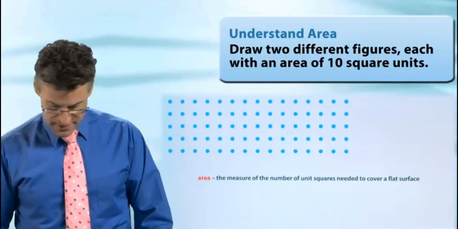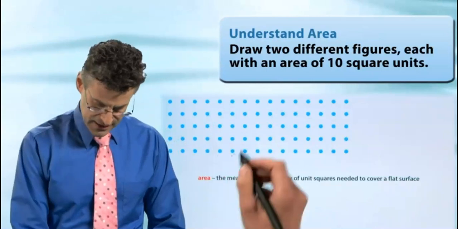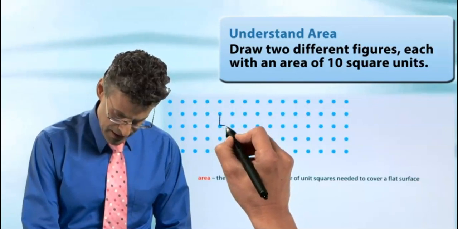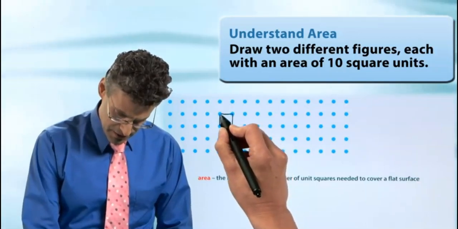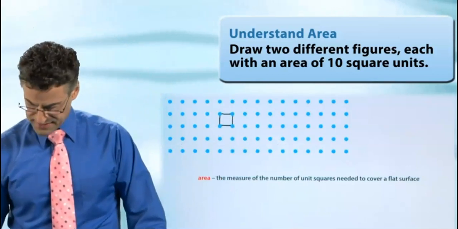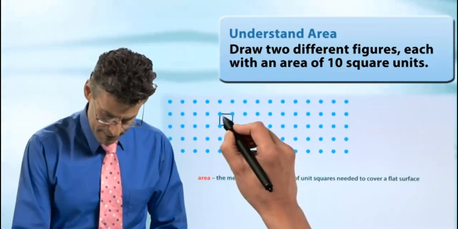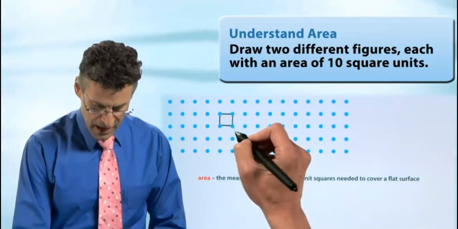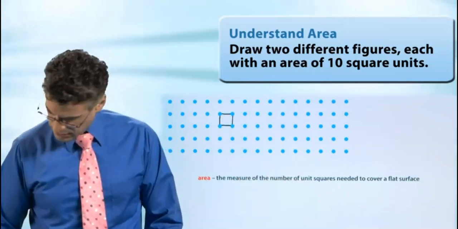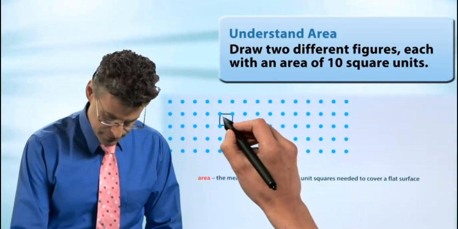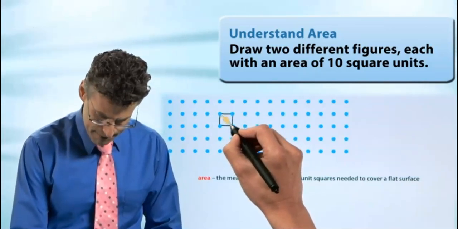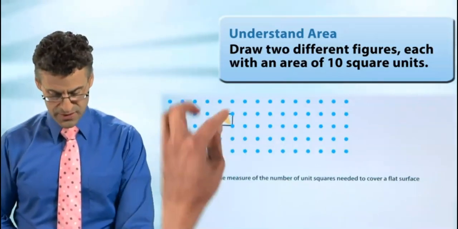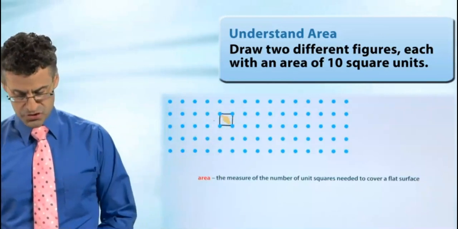So if I were to take a look at this grid, and let's say that each one of these is a 1 unit square, then if I take a look at this square right there and cover it, I would require one unit worth of material, and so this would have an area of 1 square unit.